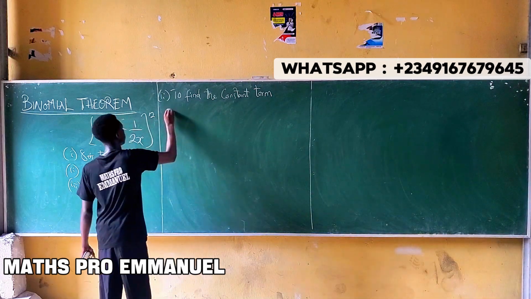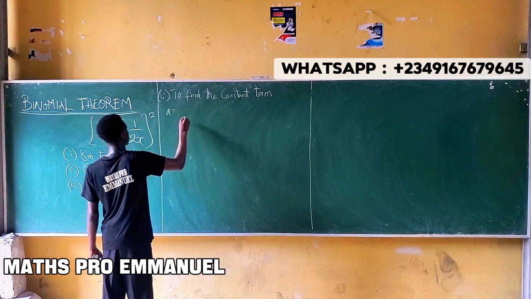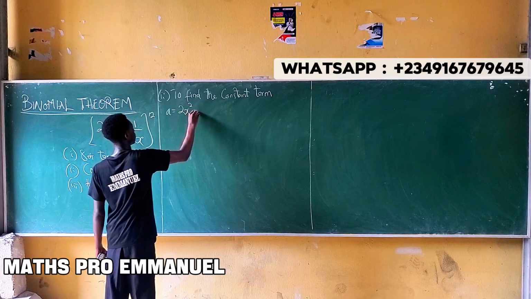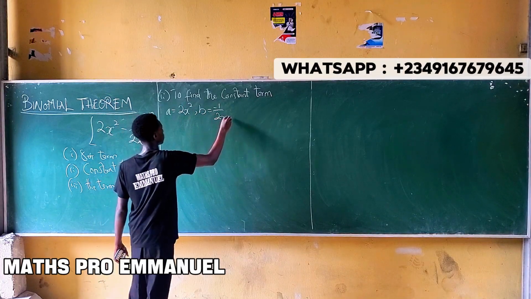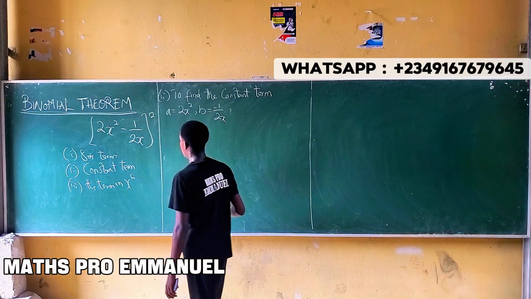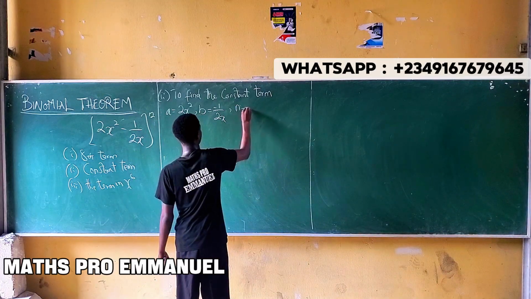I'll have A as 2x squared. I'll have B as minus 1 over 2x. Then you have N as 12.